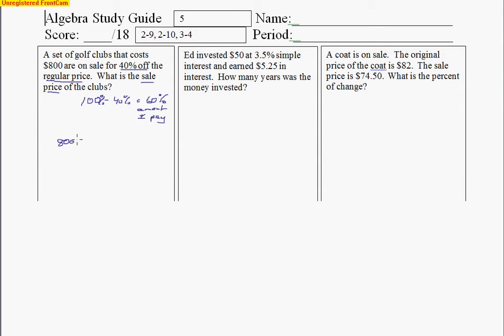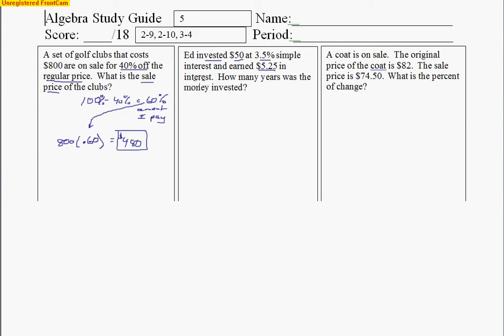I take the amount of the golf clubs, and then I take 60%. Now I'm changing that 60% to the decimal form, so 0.60 or just 0.6. And when I do that, it gives me $480.